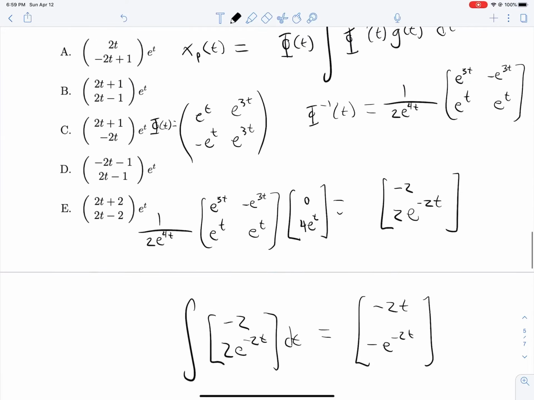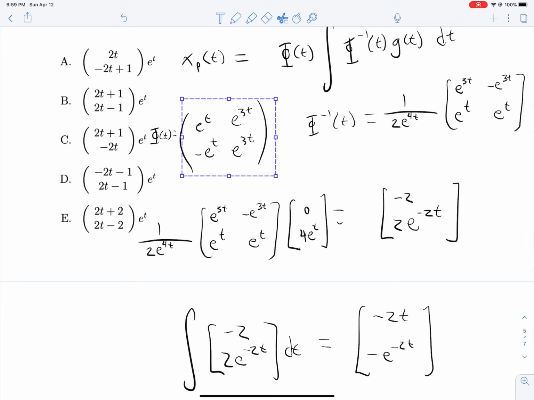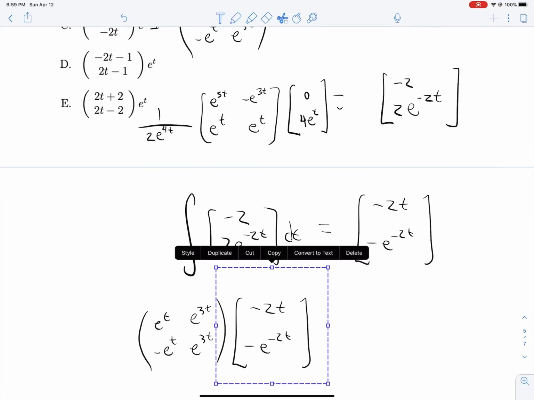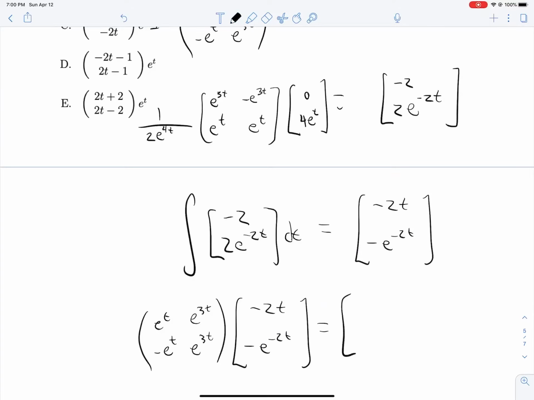And then this, in turn, is being multiplied by our original fundamental matrix. We'll get a 2-by-1 matrix composed of negative 2t e to the t minus e to the t, and then 2t e to the t minus e to the t.